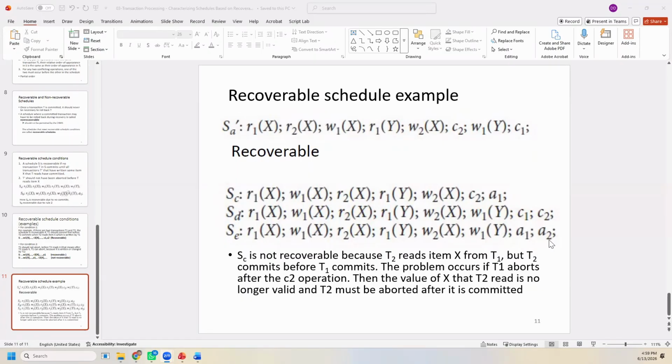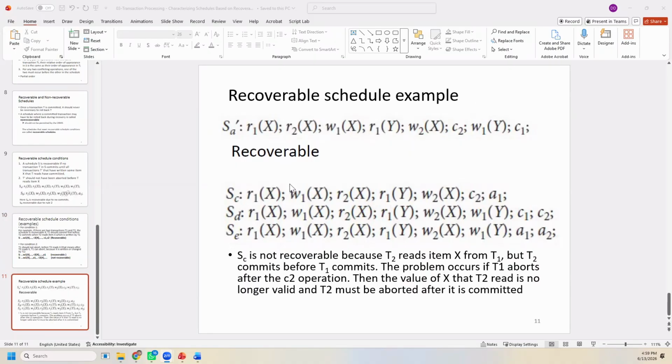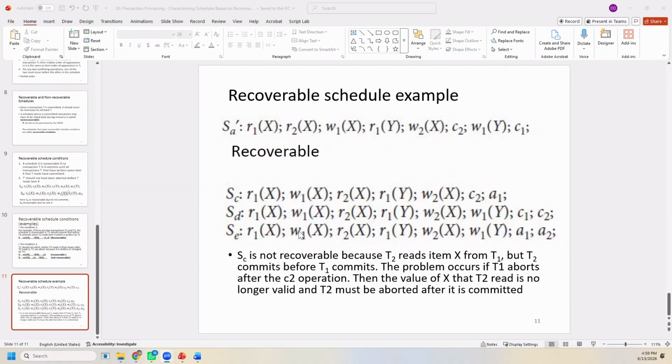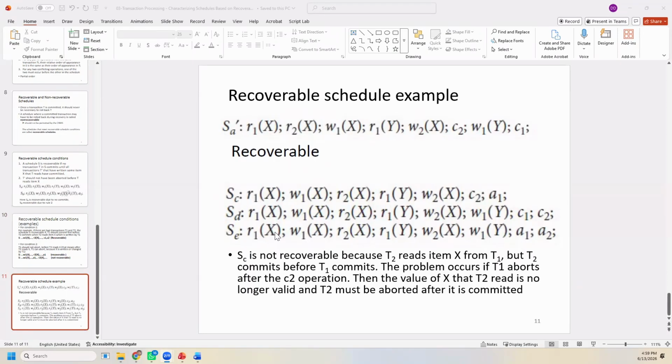A1, A2. Here this is recoverable because of W1, right here. In schedule E there is no commit, therefore we don't need to consider condition 1. Then we can only consider condition 2. Here what happened? A1, right? A1 means abort of transaction 1.